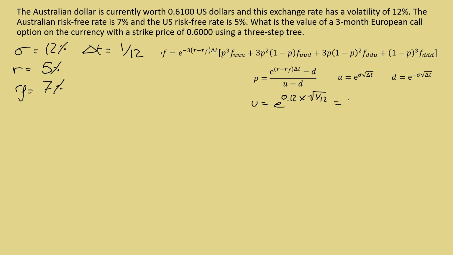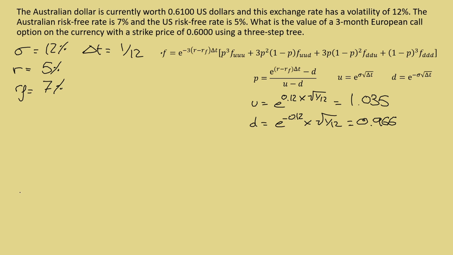Now, if you plug this into the calculator, you should get that U is equal to 1.035. And then D is the same, but with minus the volatility. So e to the power of minus 0.12 times this. If you plug this into the calculator, you should get that D is equal to 0.966.